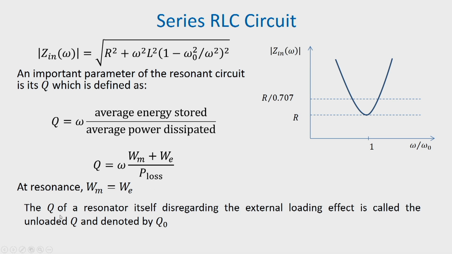And the Q of a resonator itself, disregarding external loading, that means we are assuming that no external load is connected to this resonator, whatever Q we get is within the resonator itself, because of the losses within the resonator itself, and this is called the unloaded Q and denoted by Q naught.